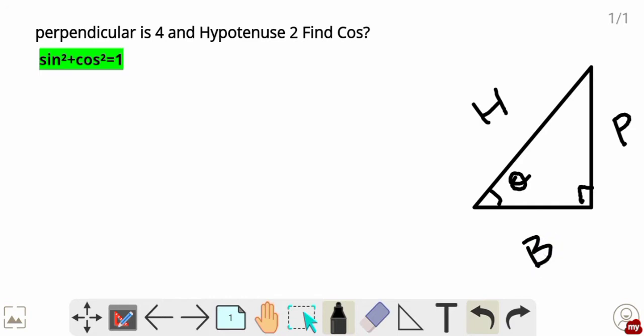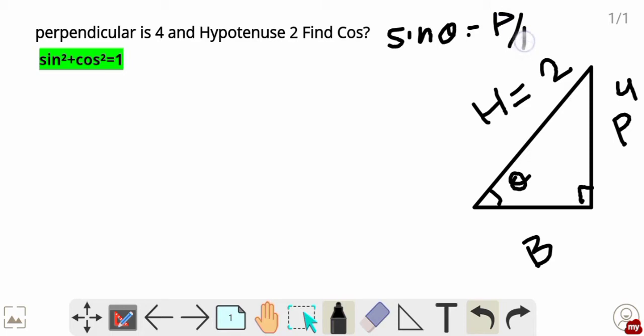We have been given the perpendicular which is 4 and the hypotenuse which is 2. So we use the formula sine square plus cos square is equal to 1. As we know, sine theta is equal to perpendicular over hypotenuse, and we have been given both the perpendicular and the hypotenuse. So put the values here, and we will get sine theta.